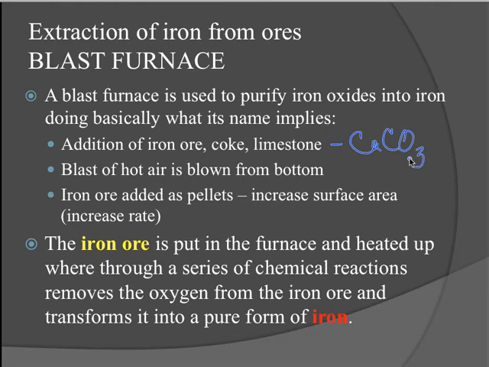Hot air is blown in from the bottom. The ore is added at the top of the blast furnace as pellets, and what that does is basically just increase the surface area, which increases the reaction rate. And then the iron ore is put in the furnace and heated up, and there's a series of chemical reactions that removes the oxygen and transforms it into pure iron.